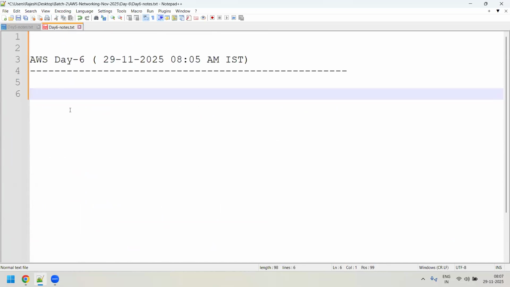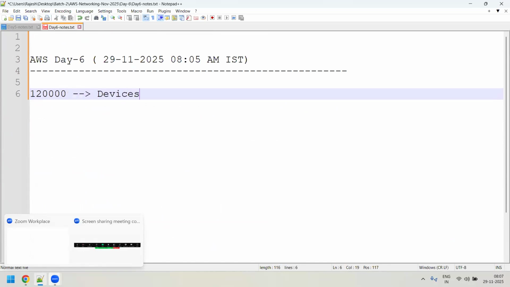Now, for example, the question comes that I have been given 12,000 devices to connect. This is the number of devices I need to connect. So how are we going to do it?